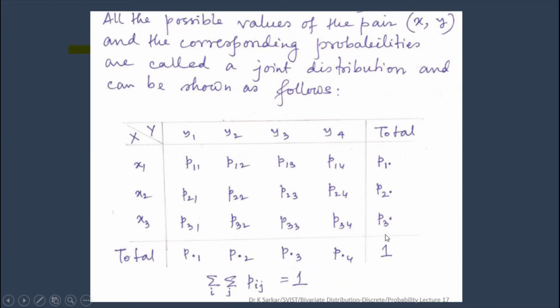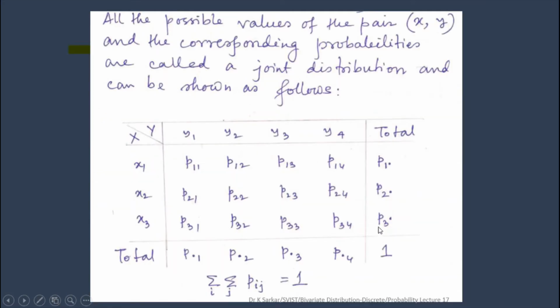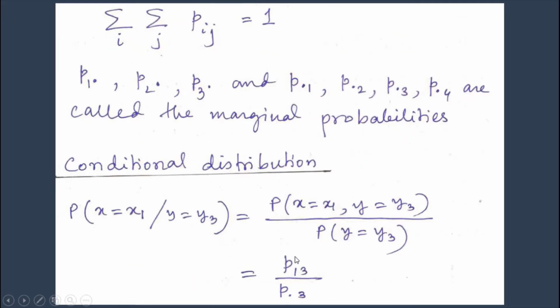So let's see here, for x1 and y3 it is P13. So here it is P13, and probability that y equals y3, if we add all of them, P13 plus P23 plus P33 for y3, then we are getting P dot 3. So here P dot 3.